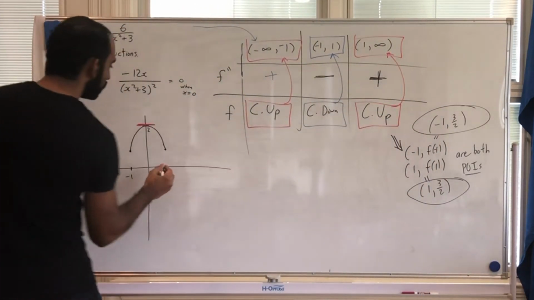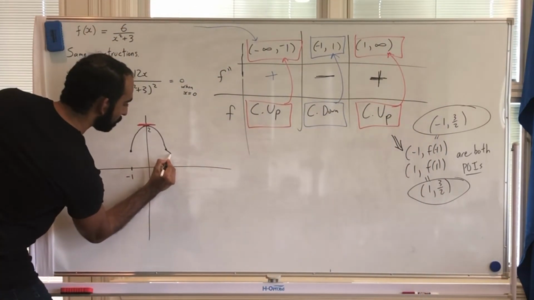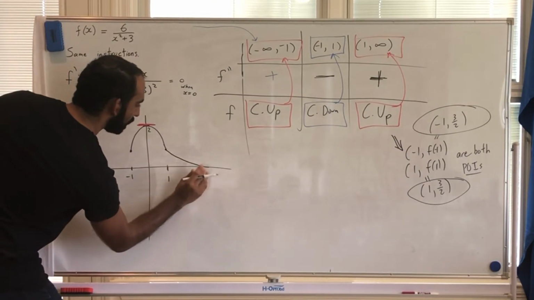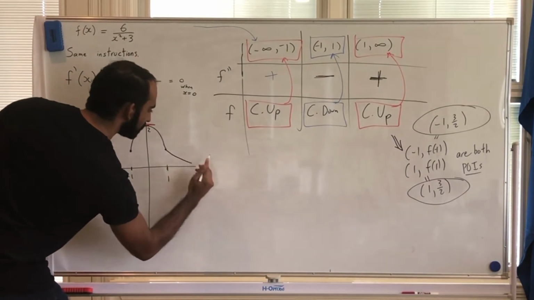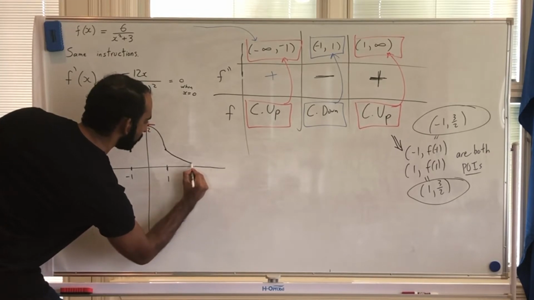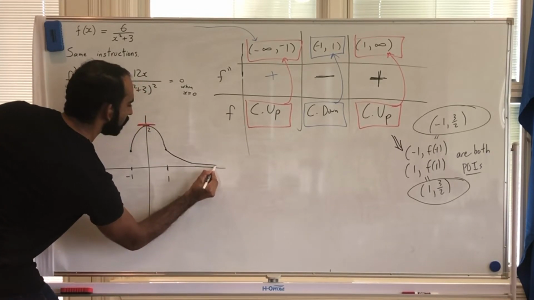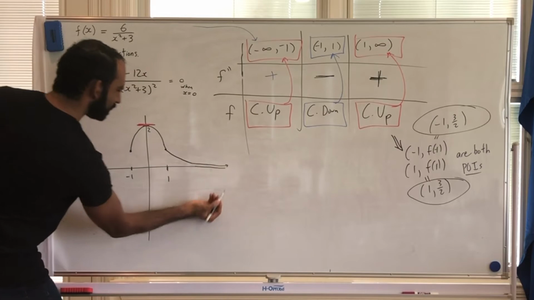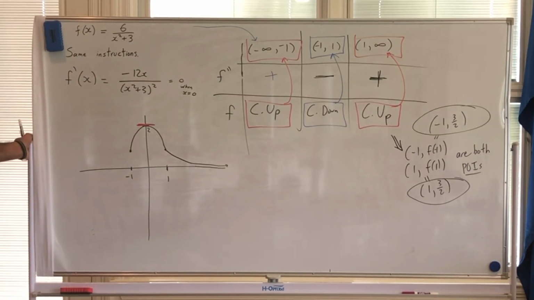So even though this piece is concave up, it's a piece of some kind of upwards facing U that never comes back up. It's like the first half of a U, and that last bit of that first half just goes on and on forever.